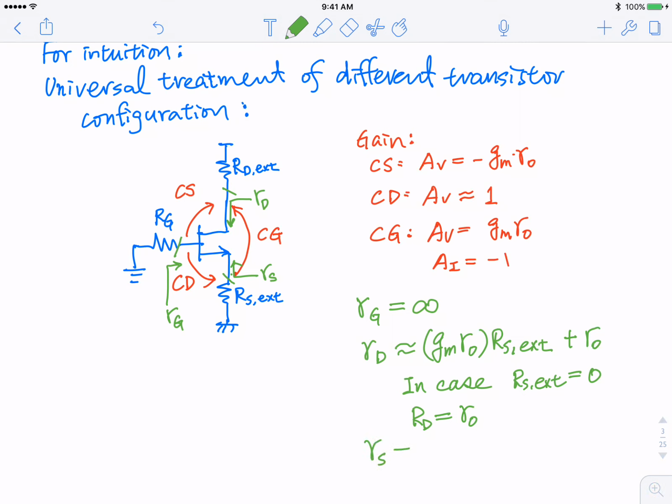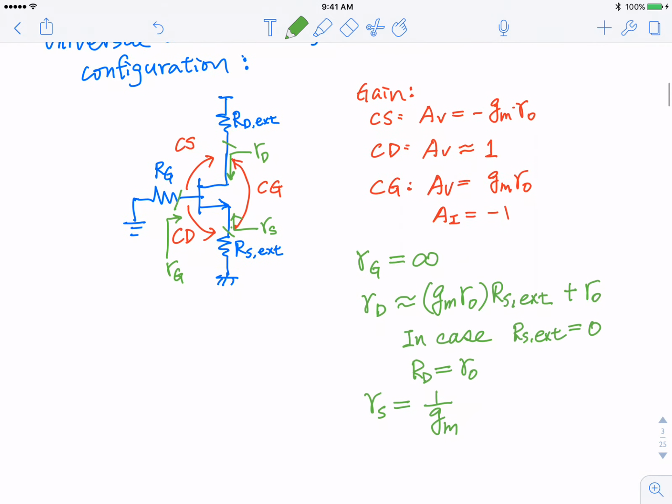RS, when you look into the source, again, we obtain this from the hybrid pi model. We do the full small signal analysis. You look into that, its dominant term is 1 over GM. So consider the totem pole of all these different magnitudes.